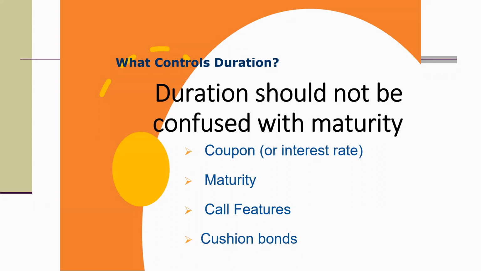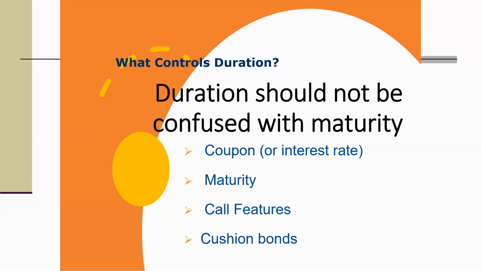Duration is basically defined as the length of time it takes for you to get your money back. Now, if you buy a 10-year bond and that bond is paying 3%, as in my example earlier, getting your money back is going to happen at a date earlier than 10 years because of the interest that you've earned. So it's a combination of the maturity date plus the interest that goes into that calculation.